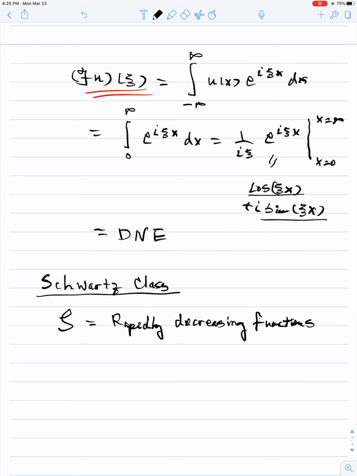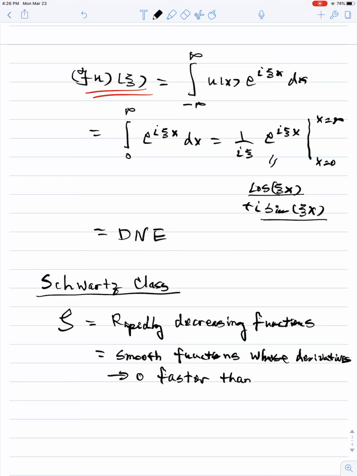Those are smooth functions. Smooth means that it has derivatives of any order, and the derivatives are continuous. A smooth function whose derivatives, of any order, go to 0 faster than any negative power.